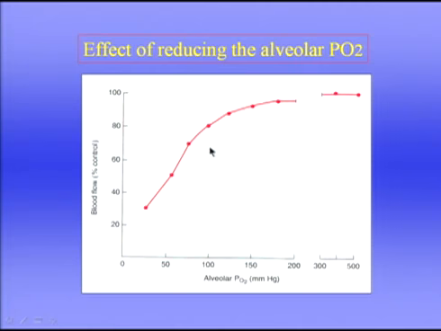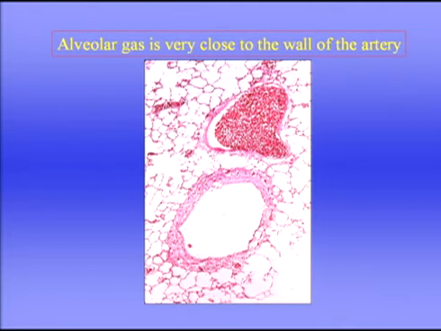Hypoxic pulmonary vasoconstriction. And it turns out that the wall of the small blood vessels, the small arteries, shown here, here's an example of a small artery, and here's its airway alongside it. The wall of the artery has a small amount of vascular smooth muscle in it, and you can see that it's very, very close to the alveolar gas.